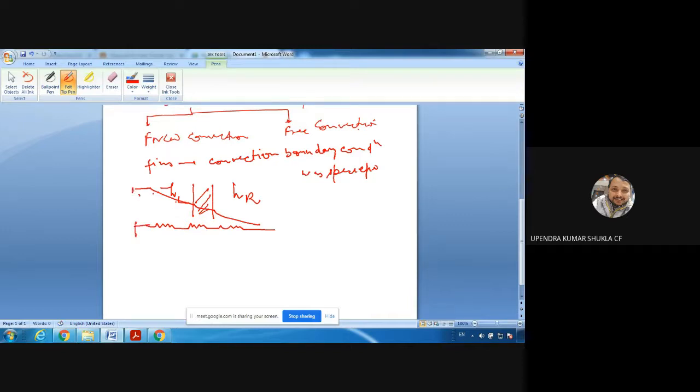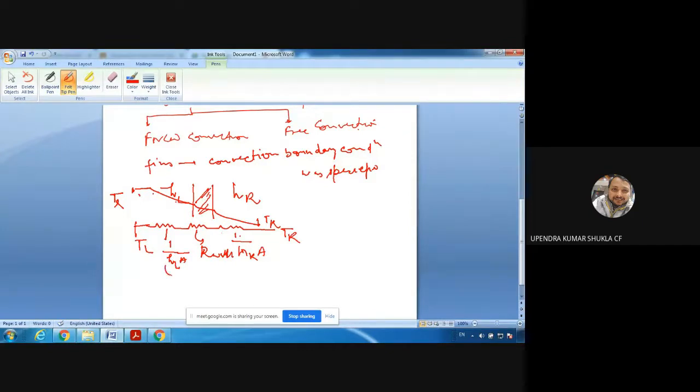Now suppose here is the bulk fluid temperature, TL on the left side and TR on the right side, and we used 1 upon hA for the resistances, and here the resistance related to the wall, the conductive resistance.